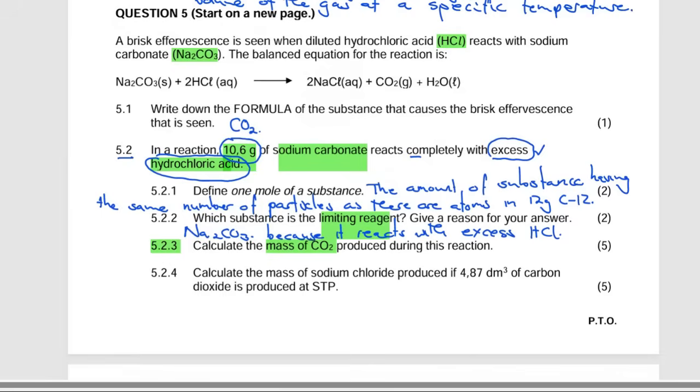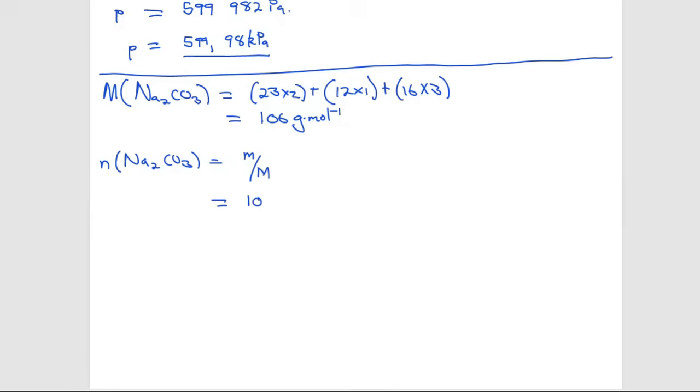This is the given mass. So 10,6 over the molar mass, which is 106. If we do our math, 10,6 divided by 106, I'm getting a value of 0,1 moles.